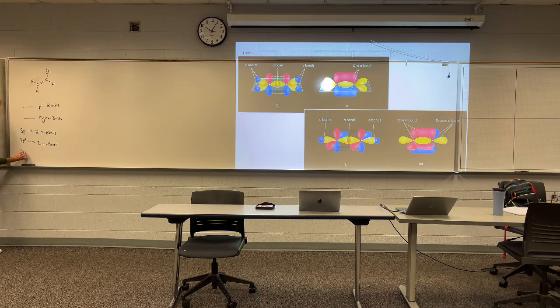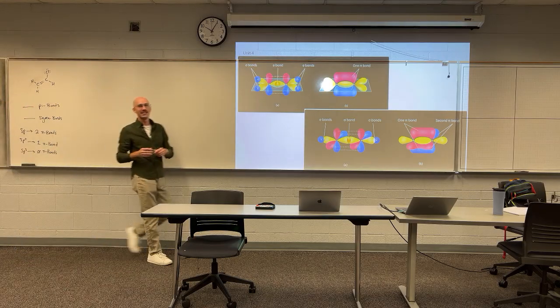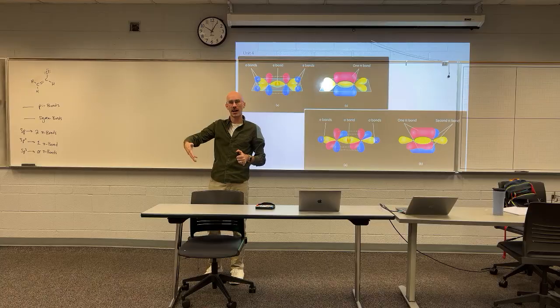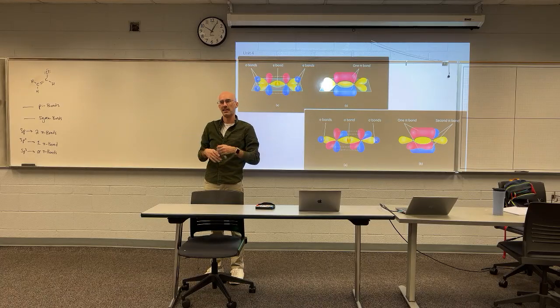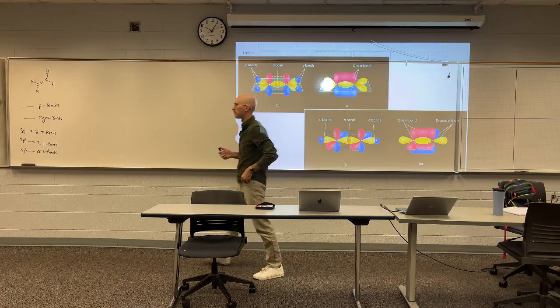And how many pi bonds can sp3 atoms make? 0. Until you start looking at things like sulfur, phosphorus, and those larger atoms that can expand their octet, because those can become sp3 hybridized and make pi bonds. They do some really funky stuff.